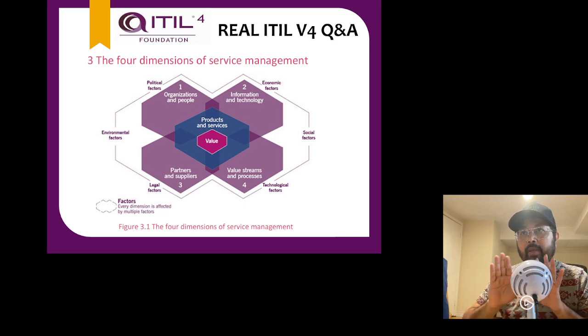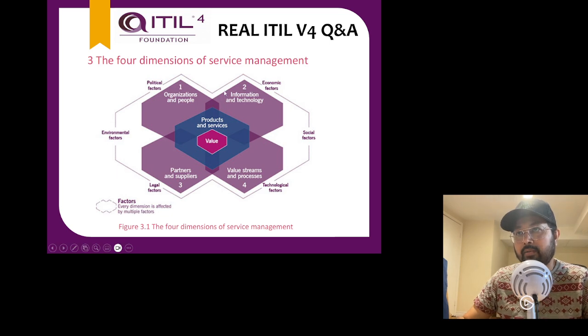In the first dimension, organizations and people. Second dimension, at the top right corner, information and technology. Number 3 is partners and suppliers, and number 4 is value streams and process. This is the fourth dimension of service management.